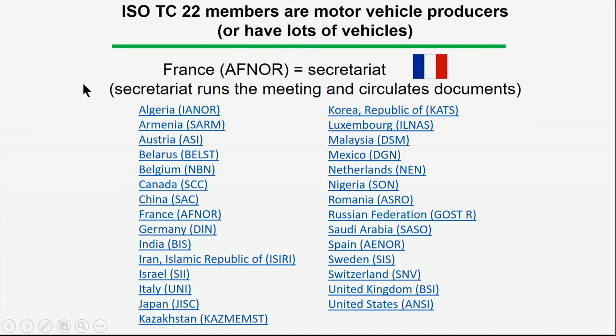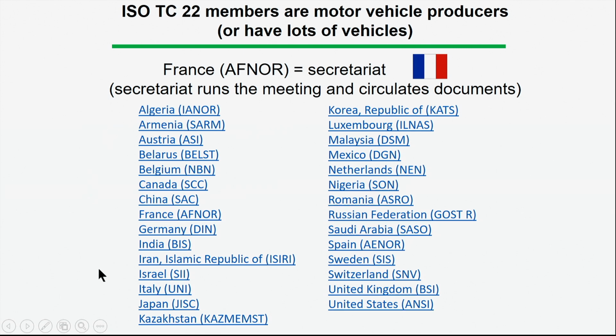So the people from AFNOR lead the Technical Committee 22 meetings. They circulate the documents. They send somebody to every meeting to take notes and sort of organize events. That's their role. So that's an important role, but it means some resources have to be allocated by them to support these activities. And here you can see the countries that belong to Technical Committee 22.